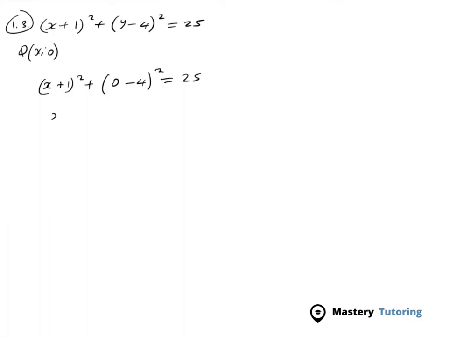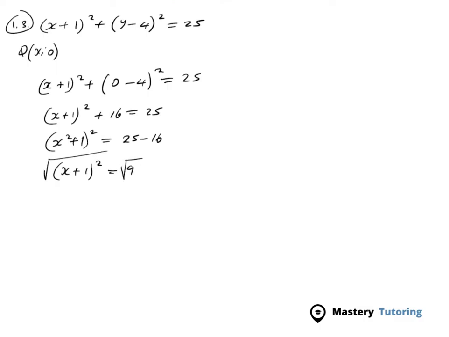Therefore, x plus 1 squared plus 0 minus 4 squared, which is 16, is equal to 25. So x plus 1 squared is equal to 25 minus 16, which is 9.